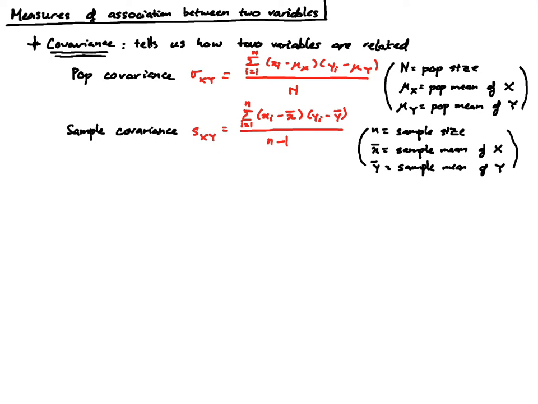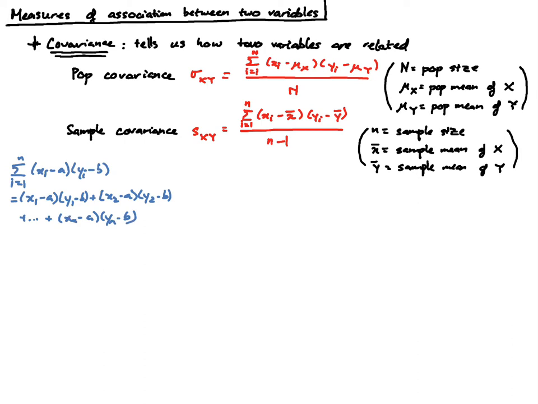Now if you remember when we talked about the summation notation, one of the results was the summation of xi minus a times yi minus b for i going from 1 to n is equal to x1 minus a times y1 minus b plus x2 minus a times y2 minus b plus all the way to xn minus a times yn minus b, right, where a and b are constants.